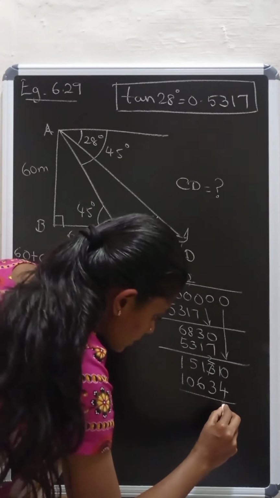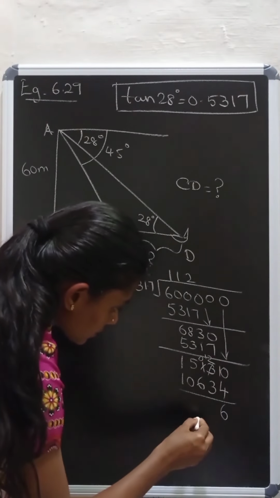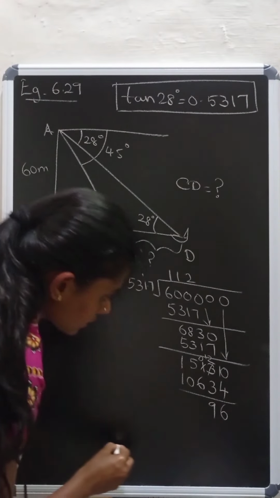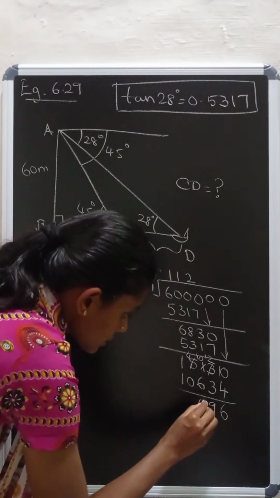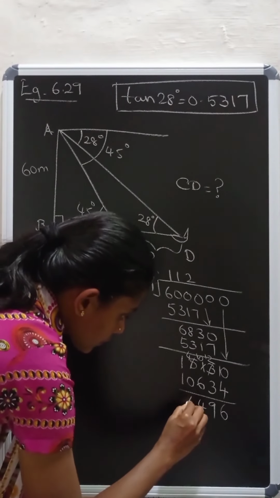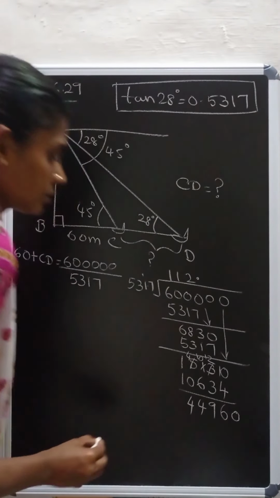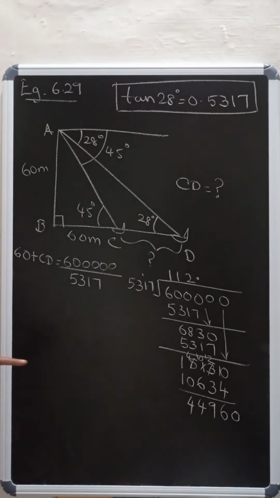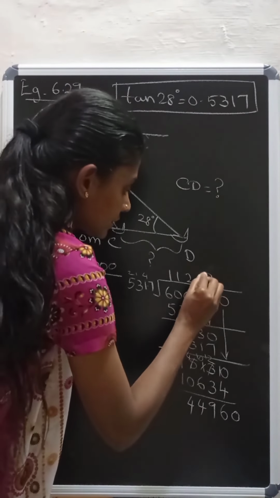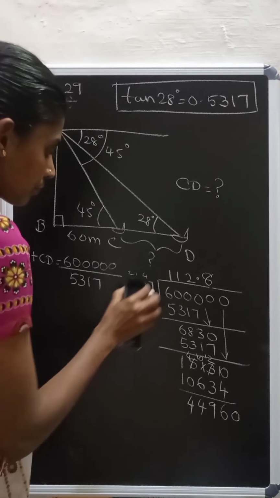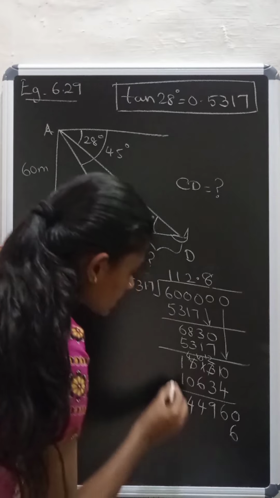Put 1 point, 0. Put here 8. 8 sevens are 56.